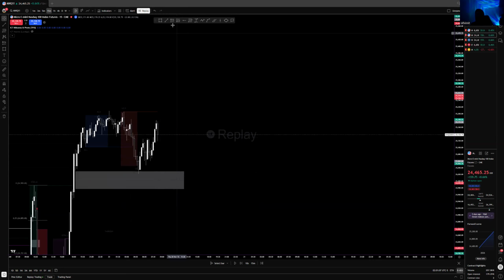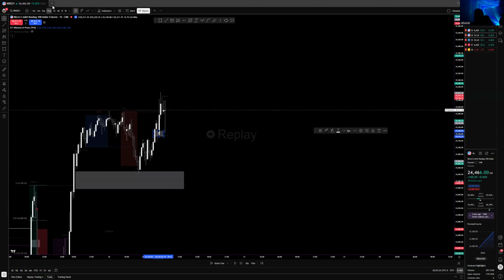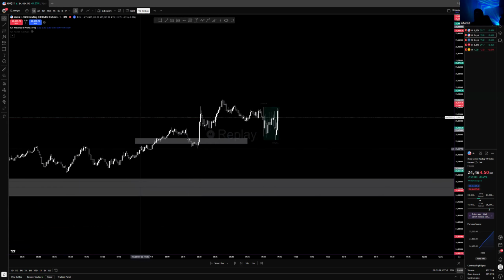If I invert this fair value gap, I might wait for the price to go at market open and keep going up, sweeping out this low, and then come back down. That would be the sentiment of this trading day. So that's it. Happened exactly what I said.